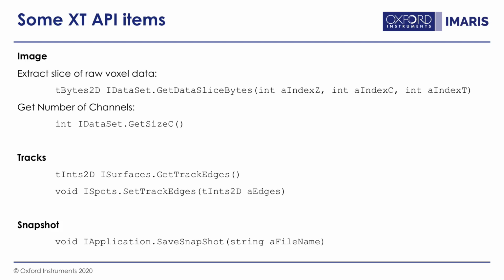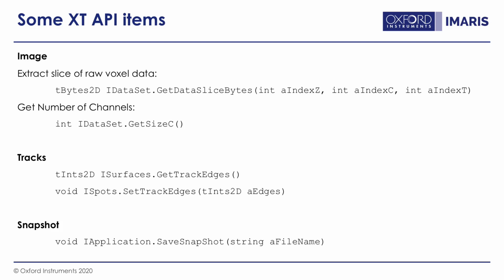If you want to set tracks, then you use the setTrackEdges, in this example for the spots component, and again you have to provide edges. It's usually a good idea to use the get method to see what the structure looks like, and then use it in the set method.